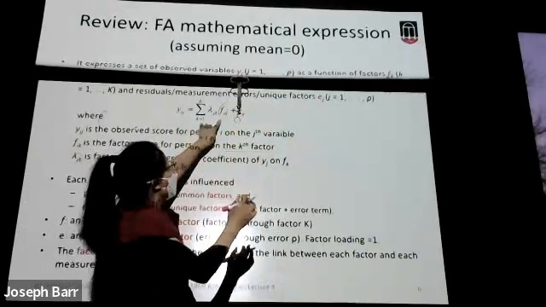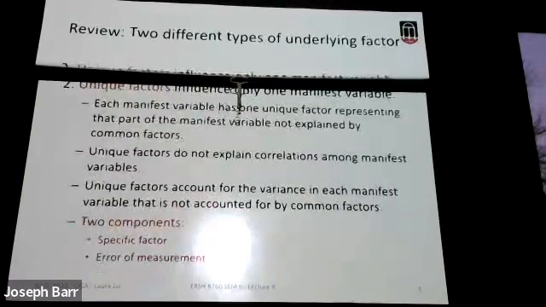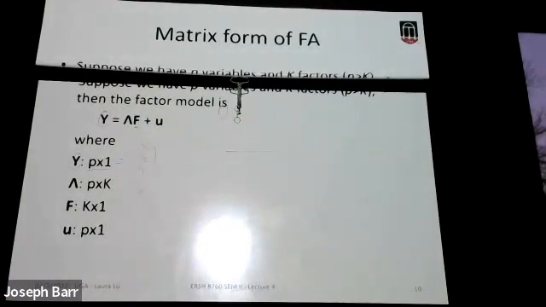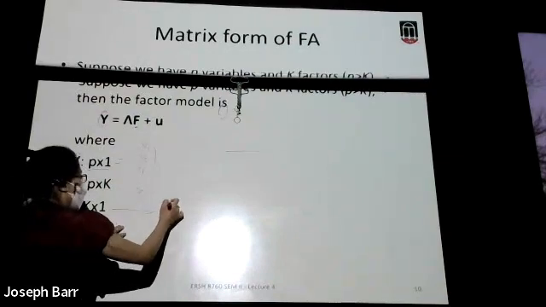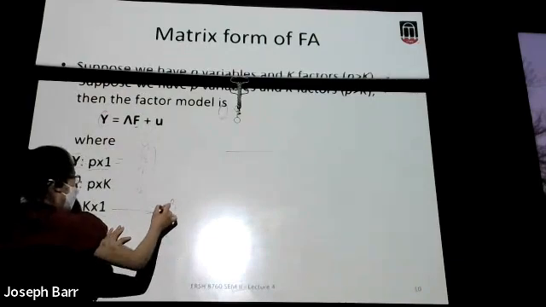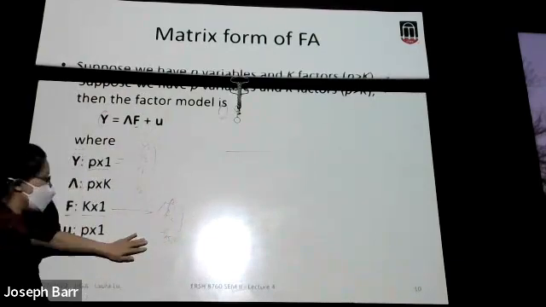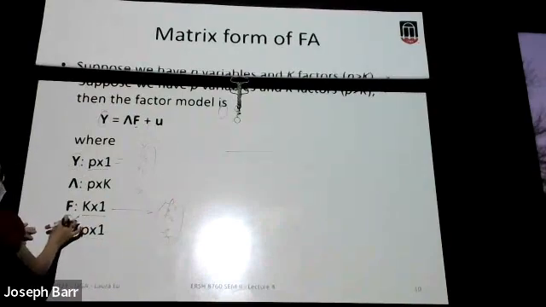We combine all of these f together, and we have a vector. So f is a vector with f1, f2 to fK, suppose we have capital K factors. This is a vector of f.